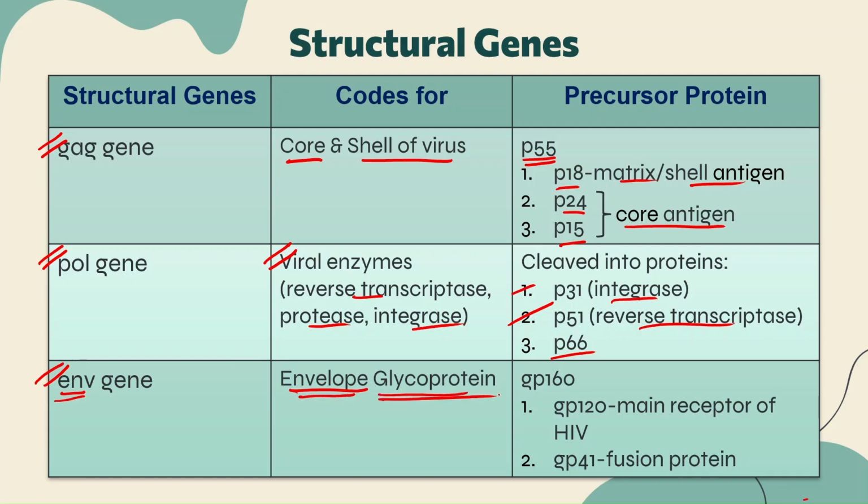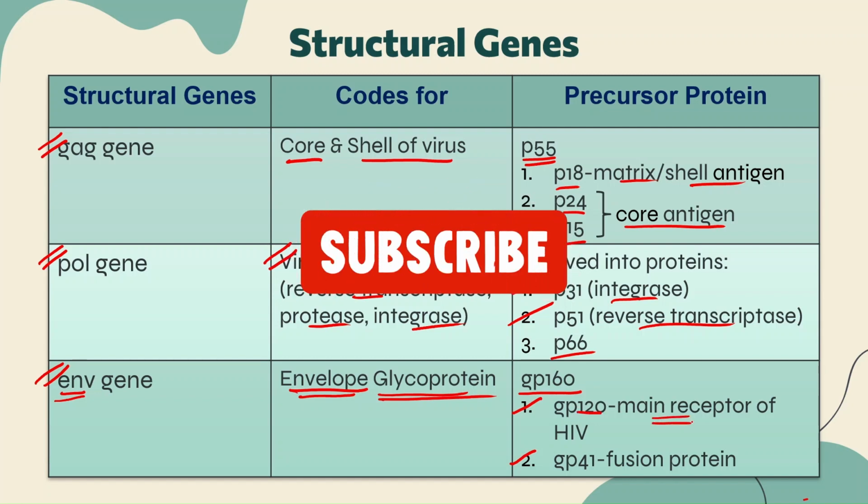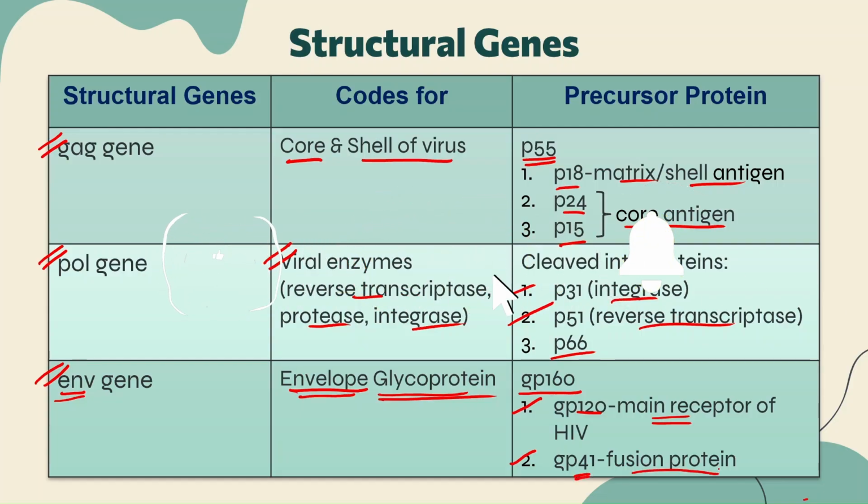When I say glycoprotein, we saw in the structure that these are GP120 and GP41. Please remember that the precursor protein is GP160, which will cleave into GP120 and GP41. GP120, this glycoprotein, is the main receptor of HIV, and GP41 is the fusion protein. Now, what is this main receptor? What is this fusion protein?